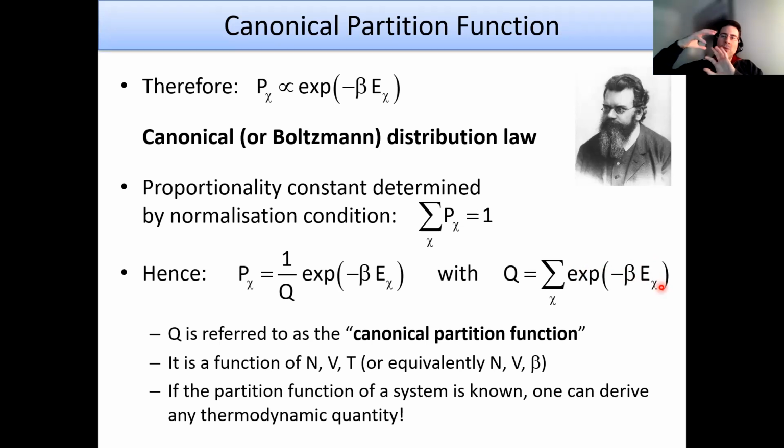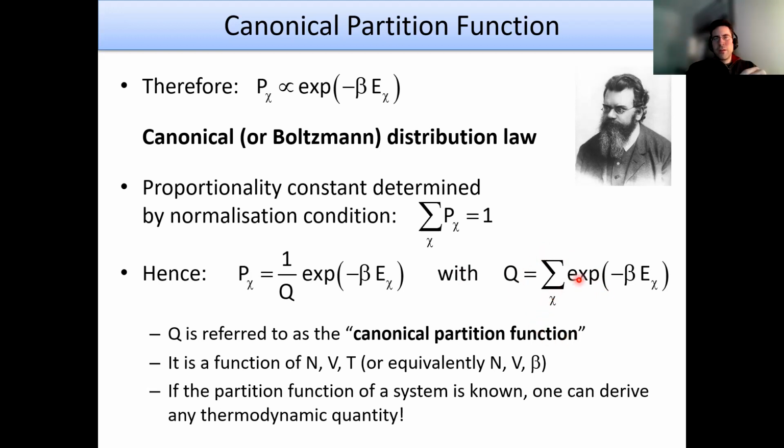And this I define to be Q2. So if Q2 is larger than Q1, then this means that these states here have a higher probability of being visited, right? Yes. So that's why it's called the partition function, even though we sum over everything.